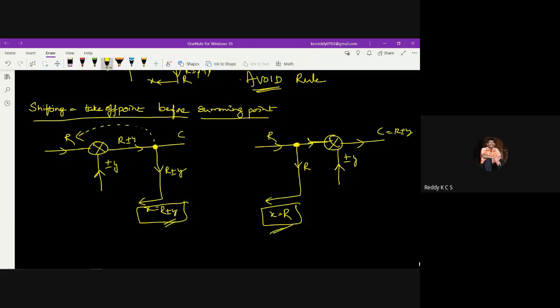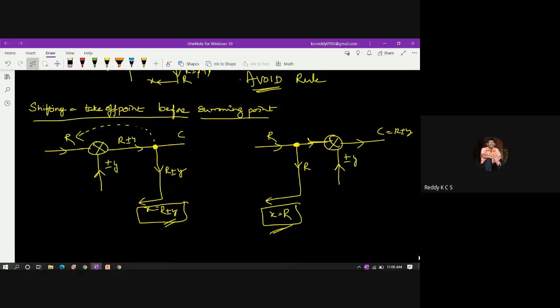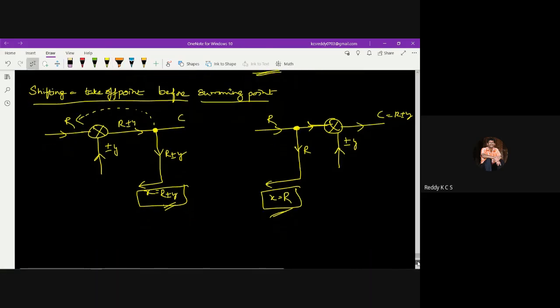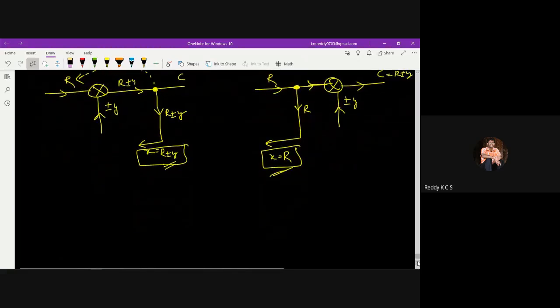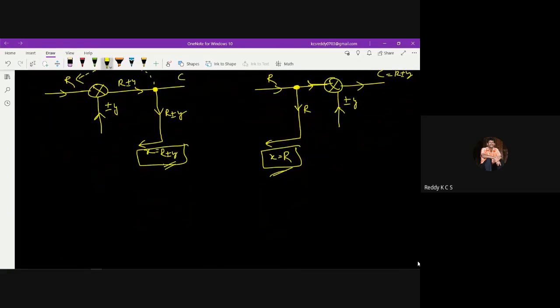See here, this is the takeoff signal value, R plus or minus Y, before shifting. After shifting this value has changed, but the output has not changed. Nothing should change, it should be shifted without changing any output or feedback signal value. So in order to get the same signal value as before shifting, I'm going to add the value of plus or minus Y.